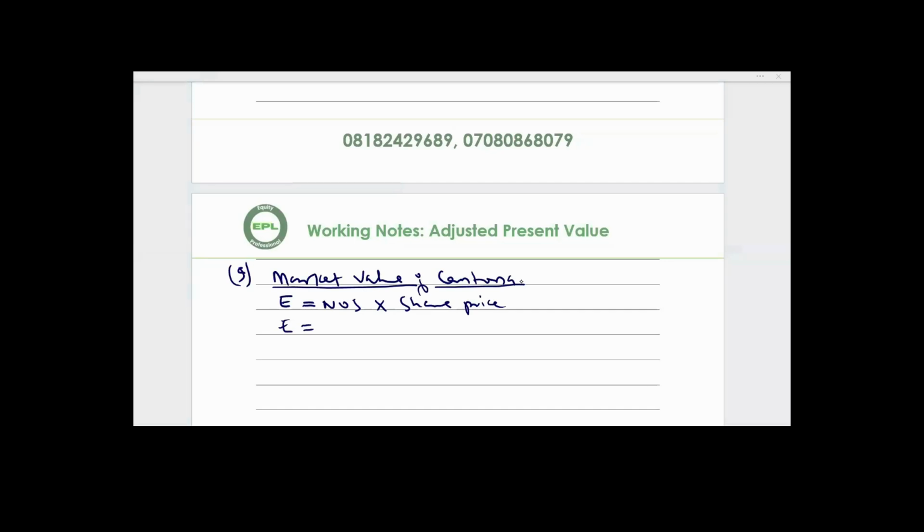At 2 naira 53 kobo. So 15 million, our figures are in thousands. So 15,000 multiplied by 2.53 is equal to 37950.